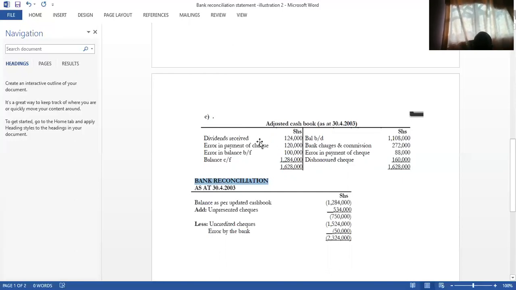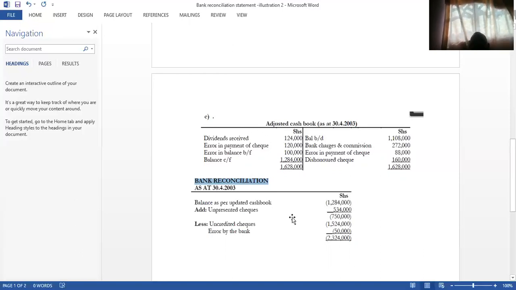If you are not told whether it is an overdraft, it should appear here. If, for example, it is a statement form where you are told the balance as per the bank column of the cash book is this much, and there is nowhere you are told it's negative, always bring it on the positive or the debit side.